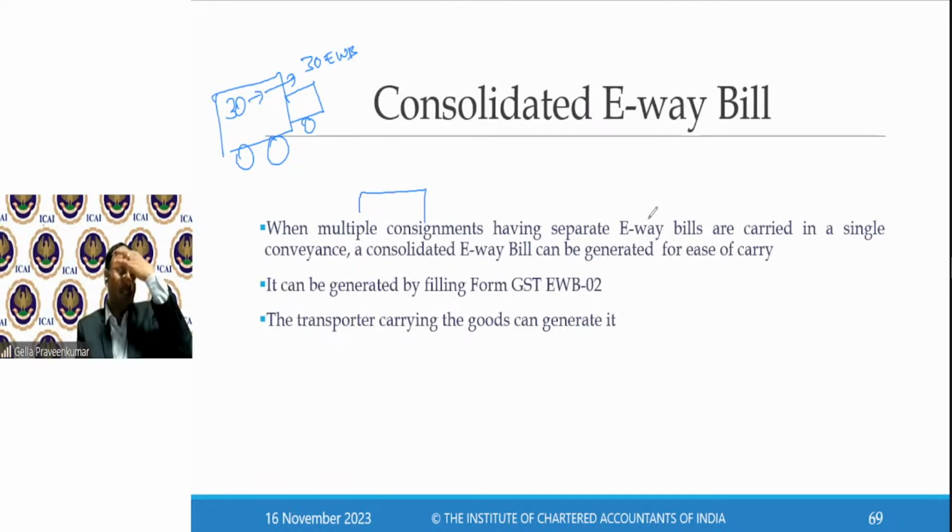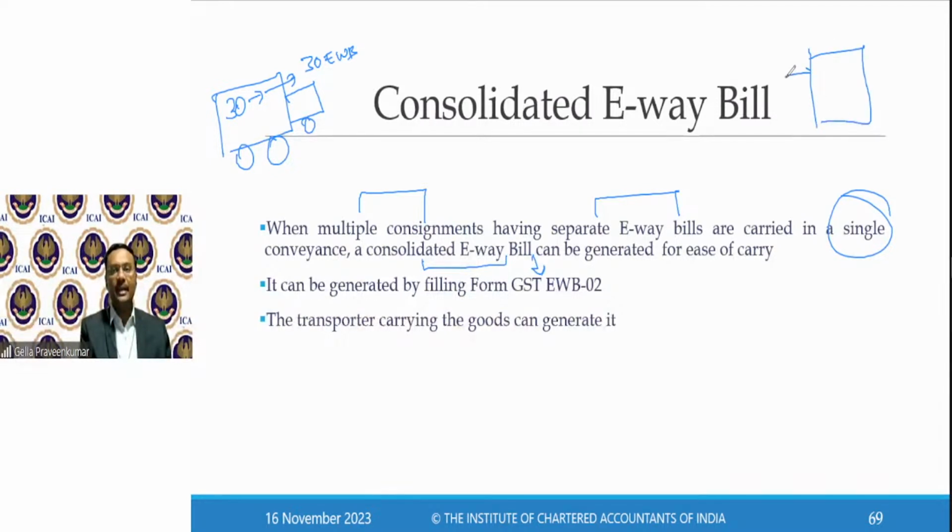When multiple consignments having separate e-waybills are carried in a single conveyance, a consolidated e-waybill can be generated, which is called e-waybill 02. So what does the truck driver do? The truck driver will log into the GST portal and enter the details: this is my vehicle registration number, and these are the details of the consignments I'm carrying. All these consignments put together, e-waybill 02 will be prepared.